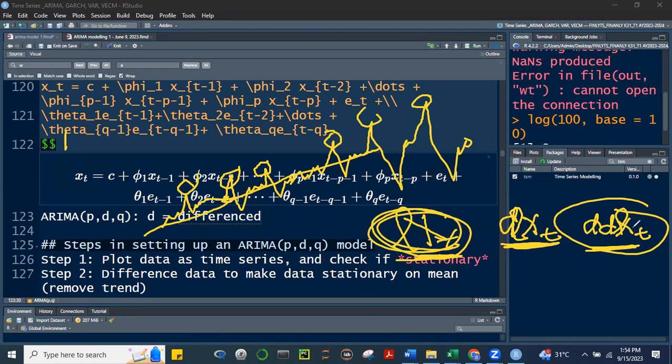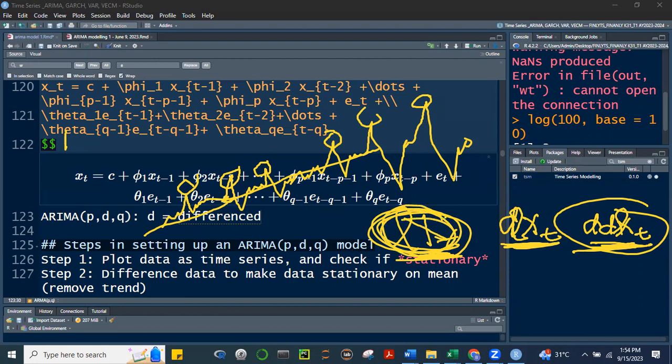But when we model this, we come up with a model for DD log X sub T. And then we can predict this. So the predicted values are not the original values that we want. The predicted values are the double difference log of X sub T. Now, what we want to forecast is the original data.